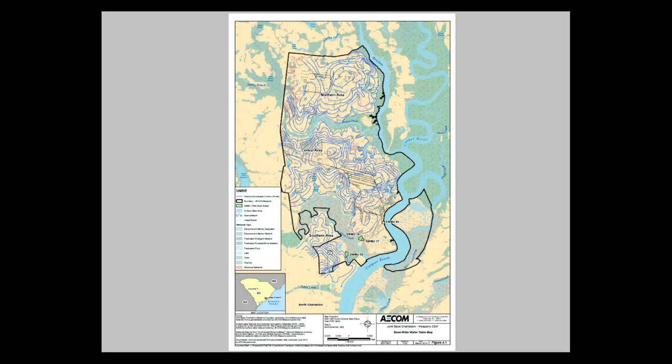So if you think about the way the water level should look, you'd probably have a divide running right down the middle of these peninsulas and groundwater flowing off to either side toward the discharge areas. And that's essentially what you have here, except that these water levels are kind of gnarled up by the various wetlands and little inlets and things that are all over the place in here.